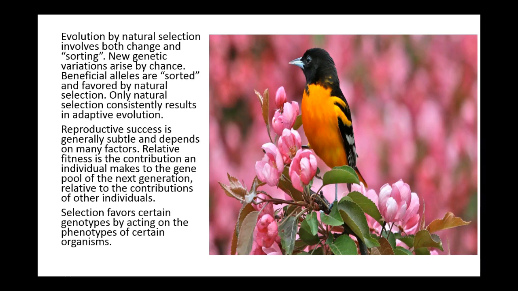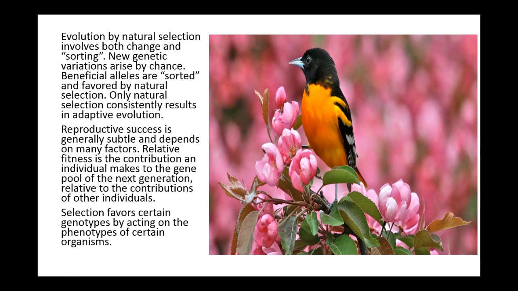And so it really is very, very simple. Only those that are most likely to reproduce, and reproduce in the greatest numbers, are going to be able to pass on their genetic information and henceforth contribute to evolution. And that reproductive success, and again, that's the sorting part, isn't based on just one thing.